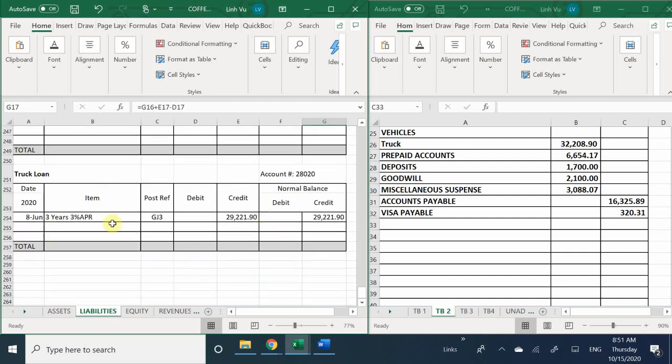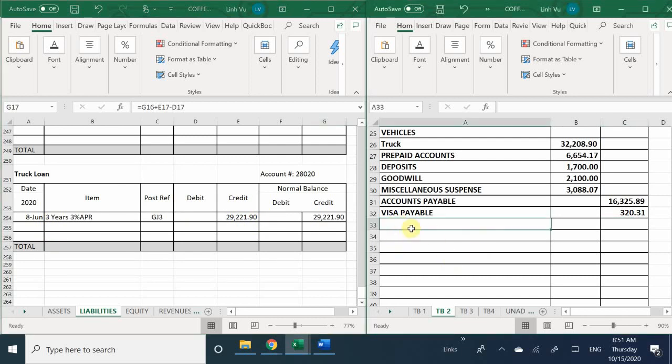Right here is my truck loan, and that's going to be for $29,221.90. Okay, that's my truck loan.